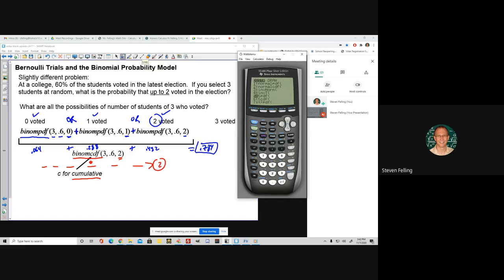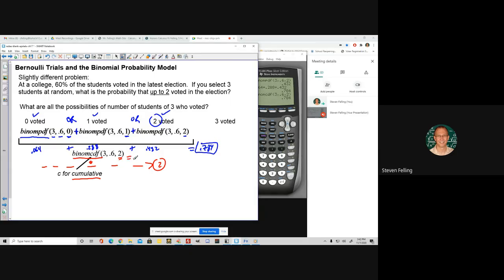If you scroll down here to binomial and select the C version, right, 3 trials, 60% chance of success, up to and including 2, we're going to get that same 0.784 in just 1 calculator step instead of 3.